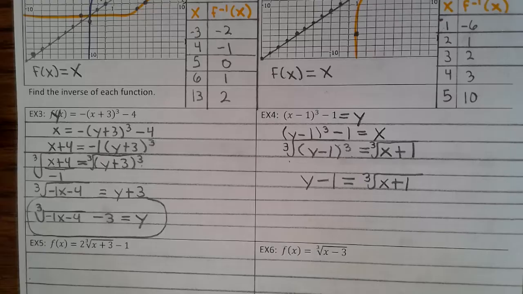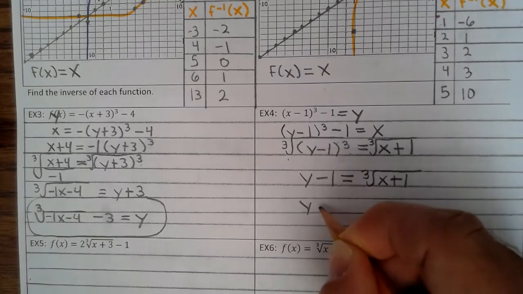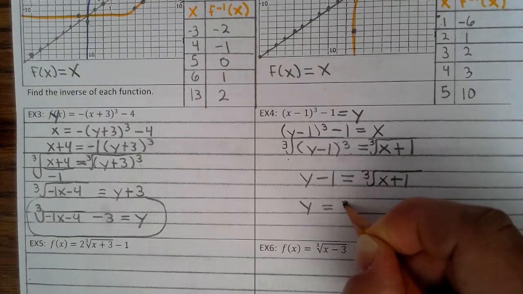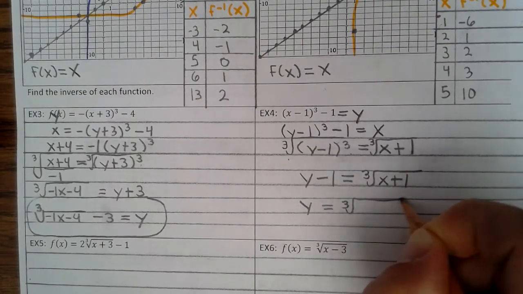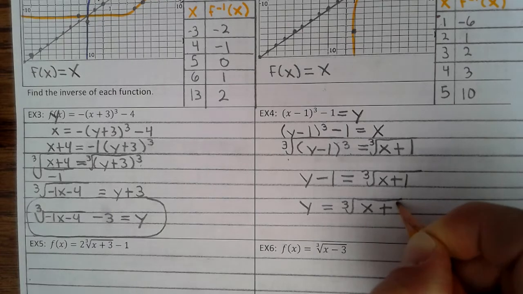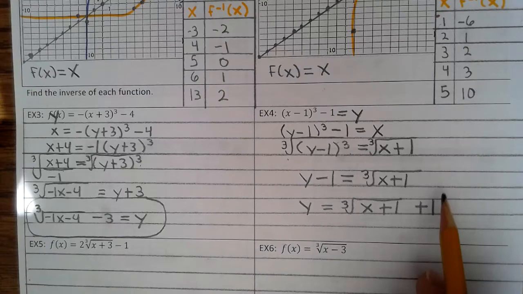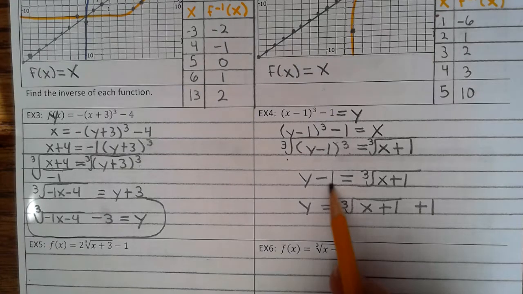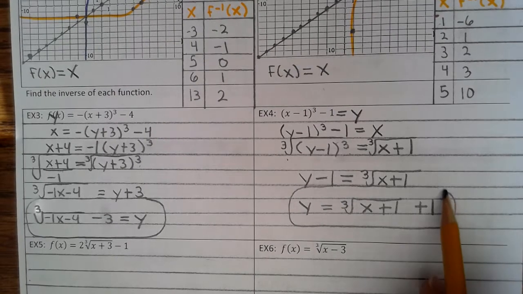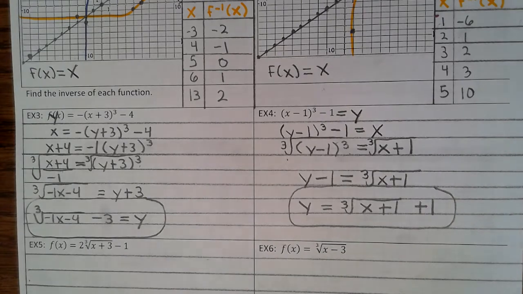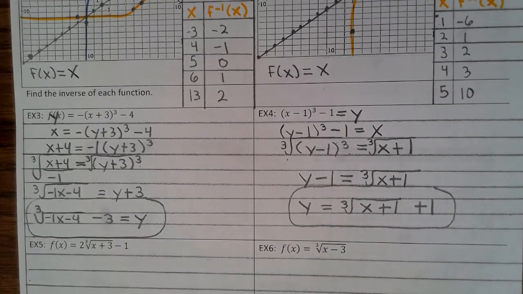And then last step, we're going to add 1 to both sides, so y equals the cube root of x plus 1, plus 1. Okay, go ahead and finish up example 3 and example 4.